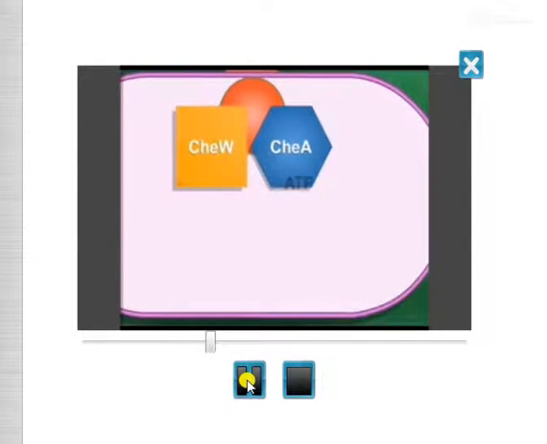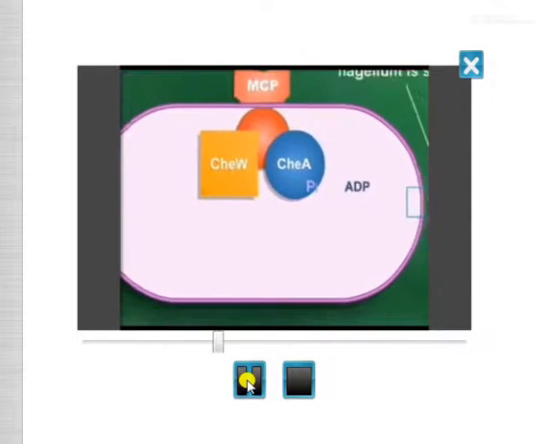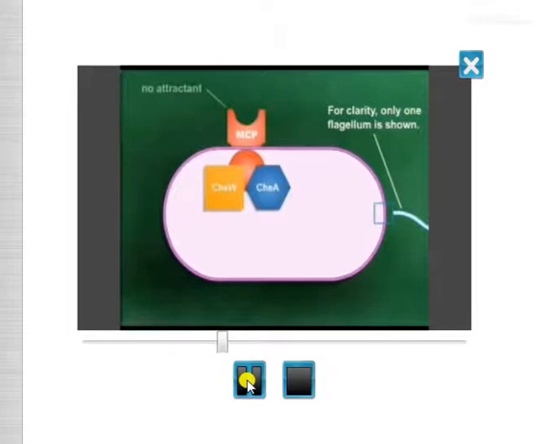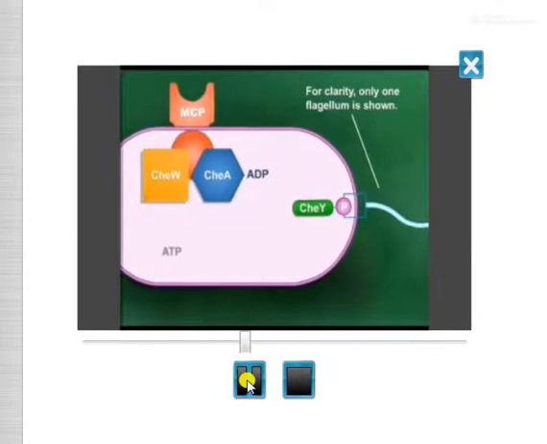CheA autophosphorylation is inhibited when the attractant is bound to its MCP. Phosphorylated CheA can donate its phosphate to the response protein CheY. When CheY is phosphorylated by CheA, it moves to the flagellum. This causes the flagellum to rotate clockwise and tumble. Thus, a decrease in attractant promotes short runs and tumbling.